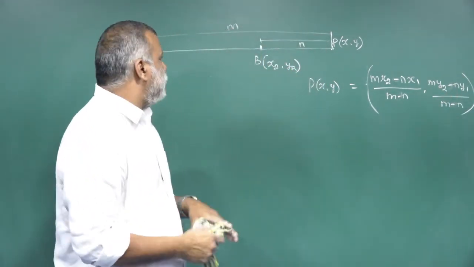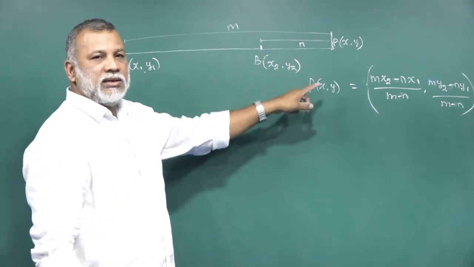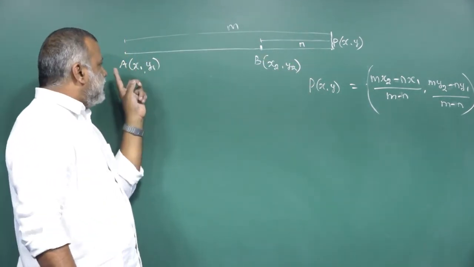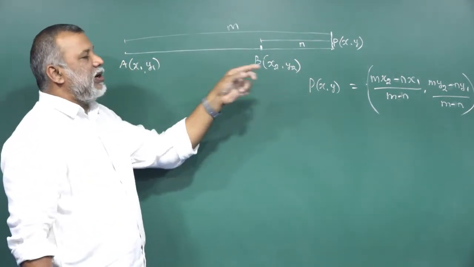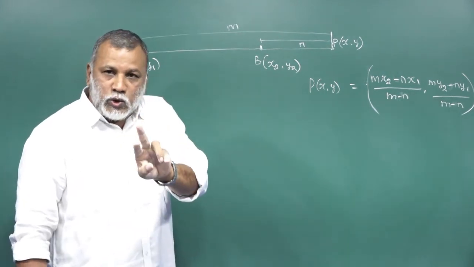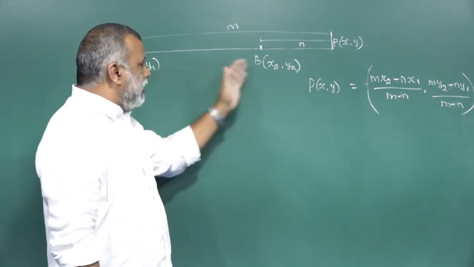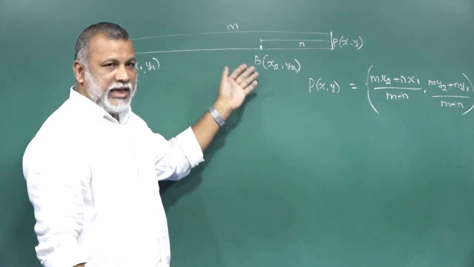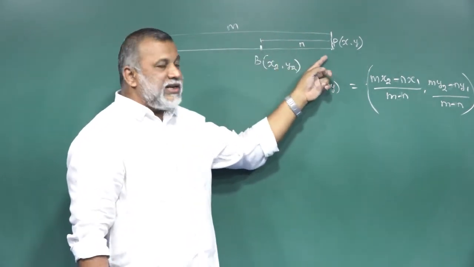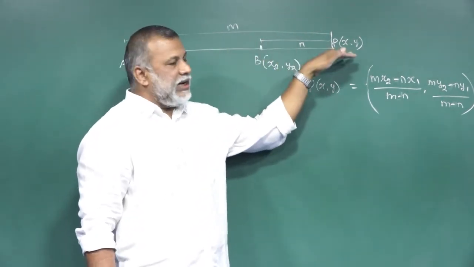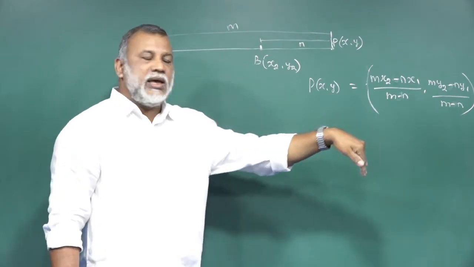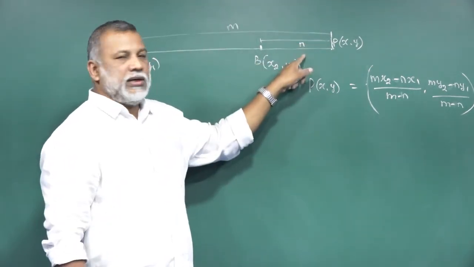So dear students, now A of x1 comma y1 and B of x2 comma y2 be any 2 points. That means we are joining these 2 points, we can get the line AB. P divides this line segment externally, that means outside, in the ratio once again m is to n.